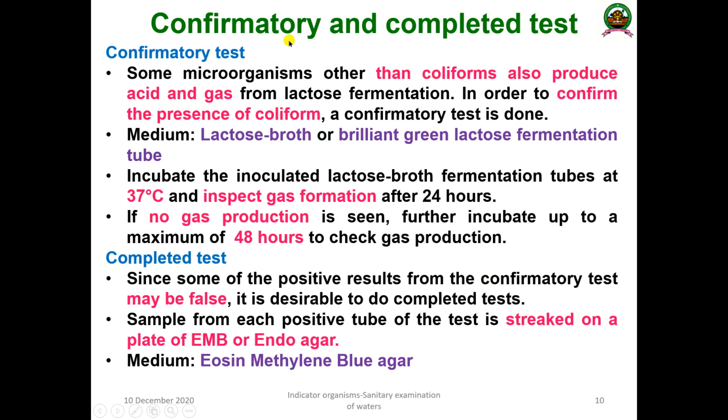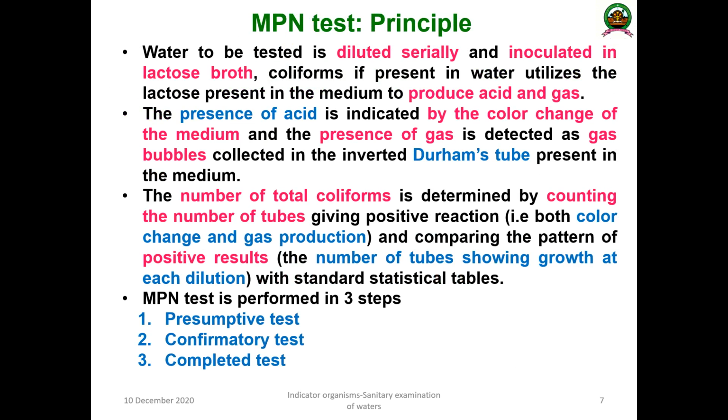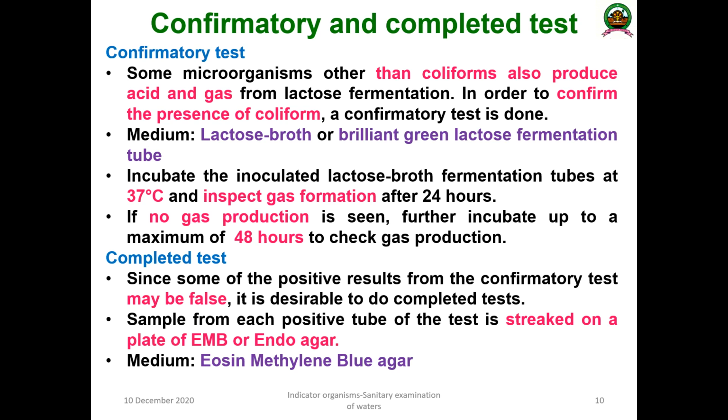And second, if this particular test is positive, then the second day is a confirmatory test. Some microorganisms other than coliforms also produce acid and gas. Sometimes those acid and gas producers may not be coliforms. To confirm the bacteria are coliforms only, you need to perform the confirmatory test. There is another medium called lactose broth or brilliant green lactose broth.